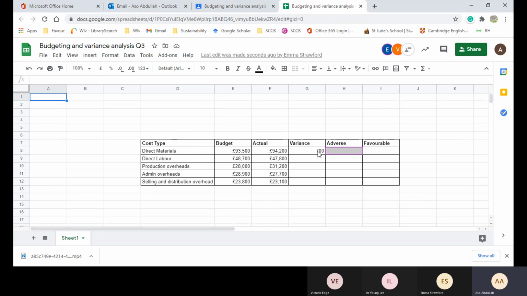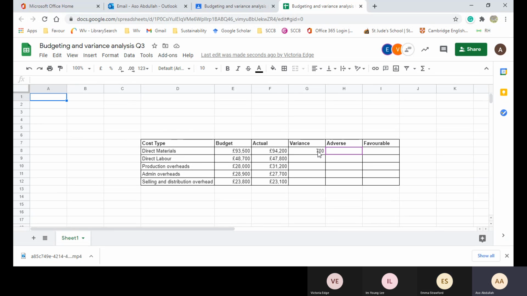So whether it is adverse or favorable, adverse, it means our actual. Sorry, how do we know what amount is seen as, like, what are the parameters for whether it's favourable or not?